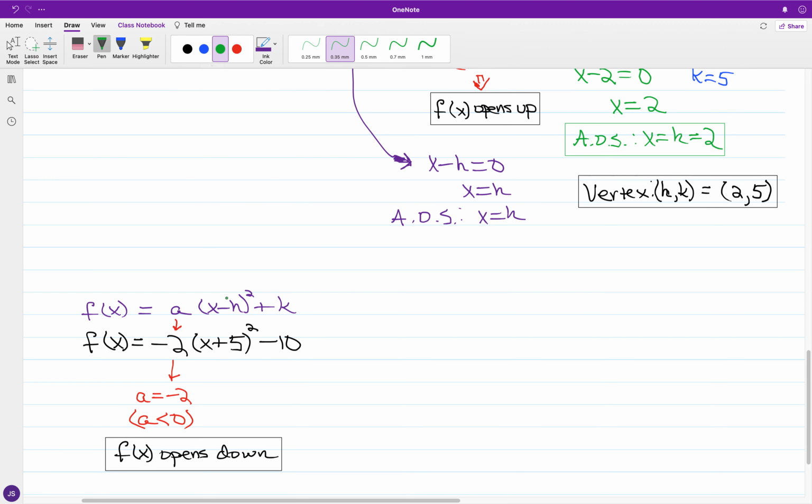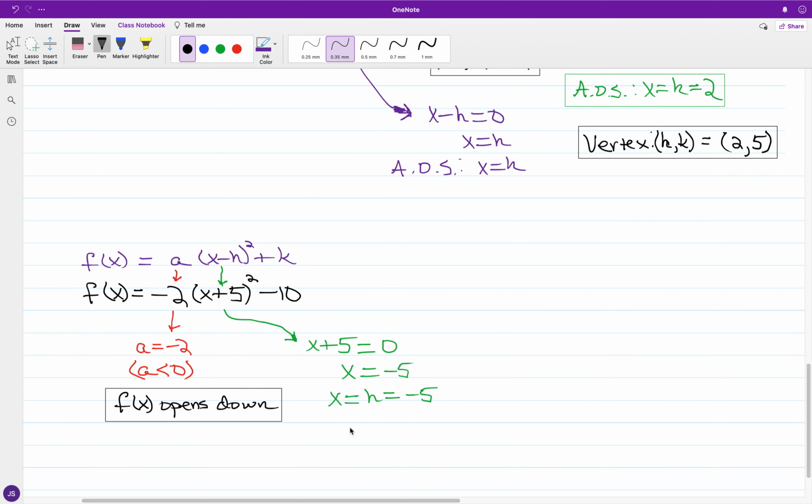And corresponding to h, we have x minus h is represented by x plus 5. With setting equal to 0 the binomial x plus 5, we'll have x is equal to negative 5. So you have x is equal to h is equal to negative 5. So the axis of symmetry is going to be at x is equal to negative 5.